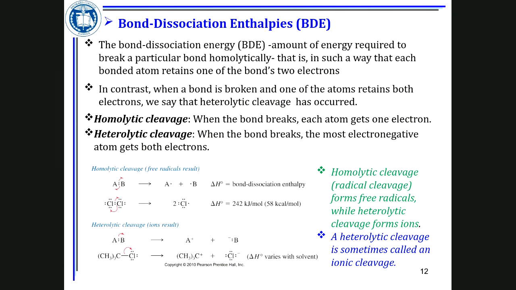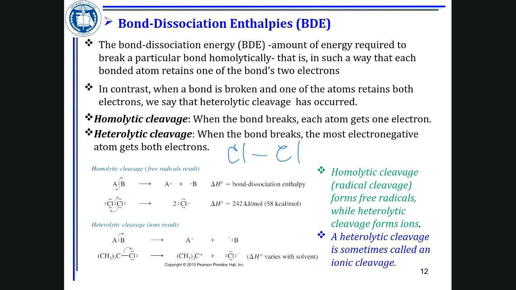There are a couple of things you need to know by heart, until it becomes natural. When you have a bond forming, energy is being released, and you can memorize that, or you can relate that to the formation of the bond and understand why the bond is forming to begin with.